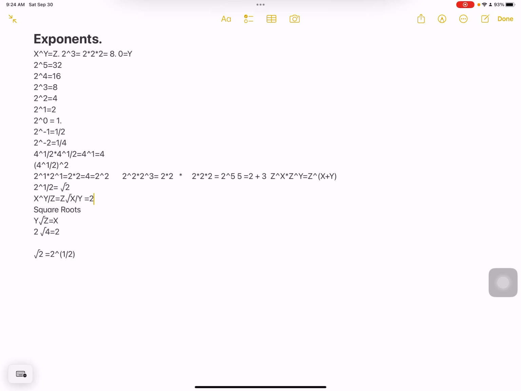So if I have 2 to the power 2 over 3, let's say this, then z equals 3. So x should be 2, divided by 2.